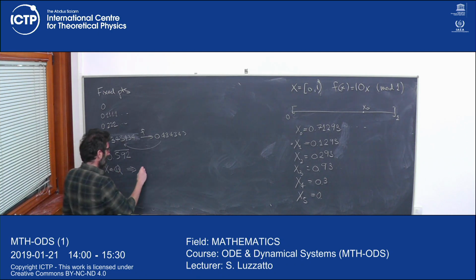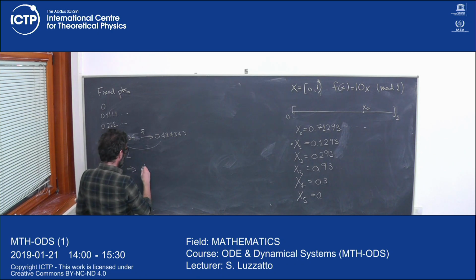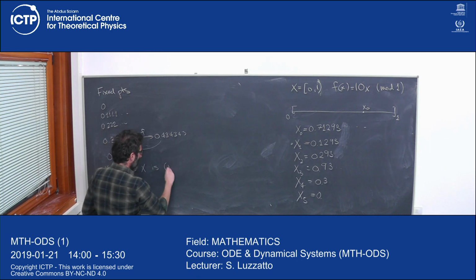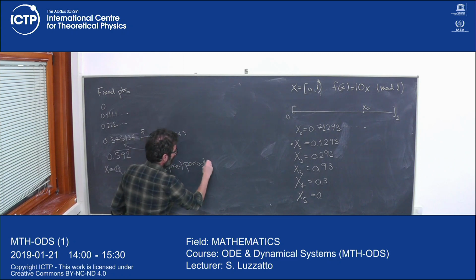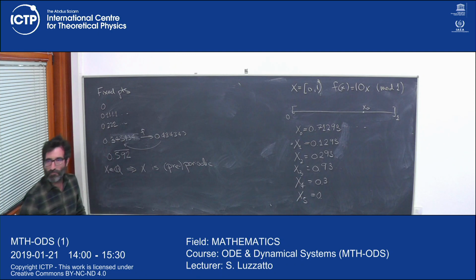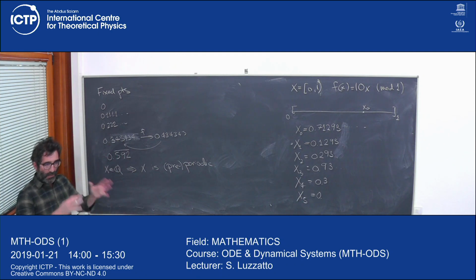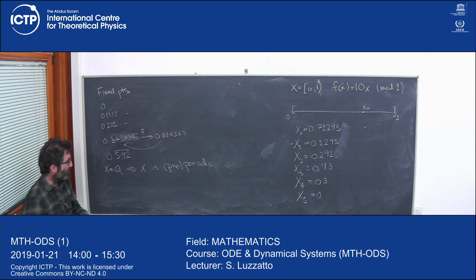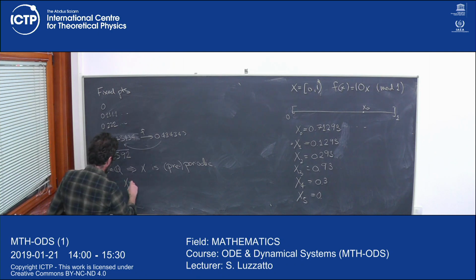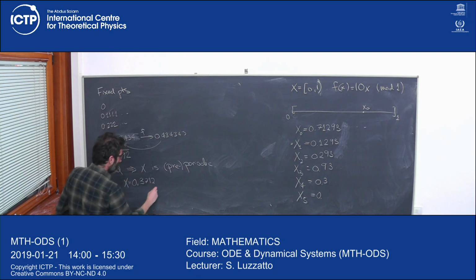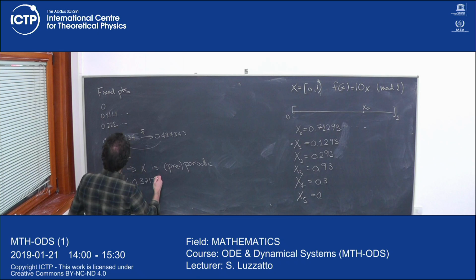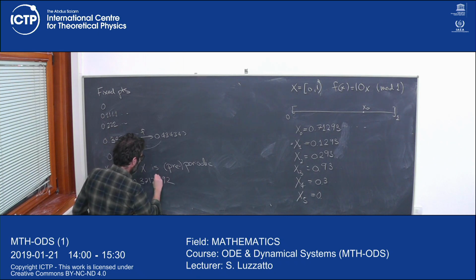So x in Q means x is either periodic or pre-periodic, because rational always means that it has a repeating sequence. So you may have something of the form x equals 0.3712, and then you have this 592 repeating.